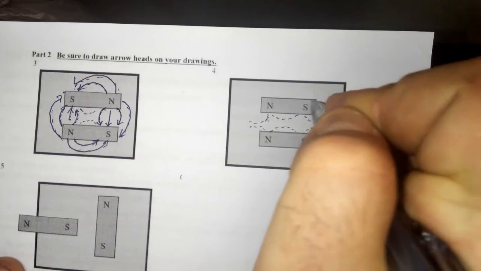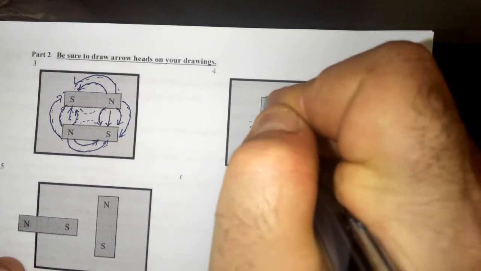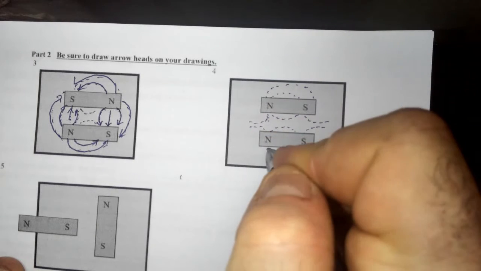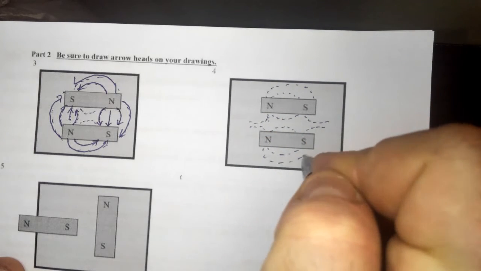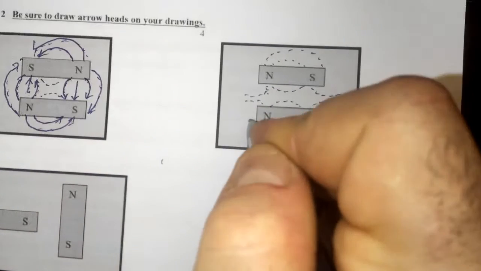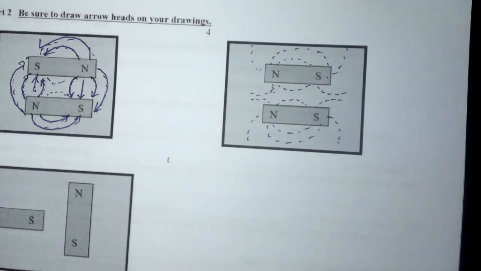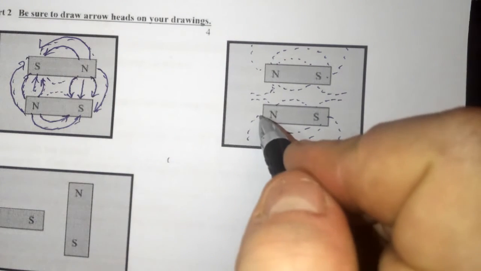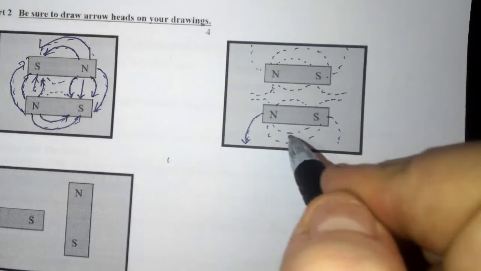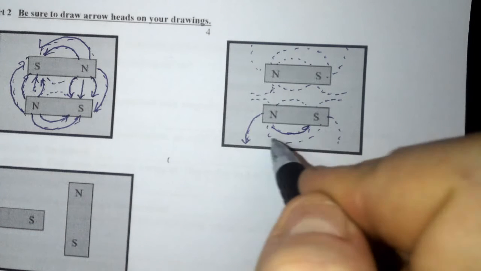This is how the iron filings would appear if you did it in real life. So to draw the magnetic field lines, we trace over these, and the arrows go away from the north towards the south.